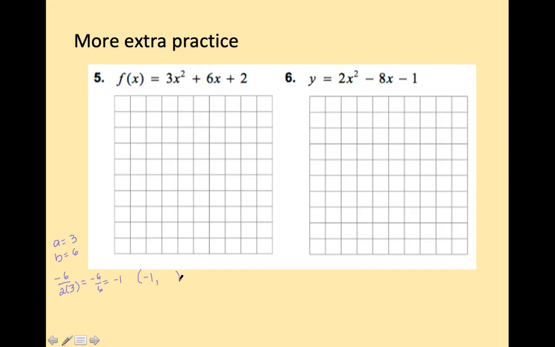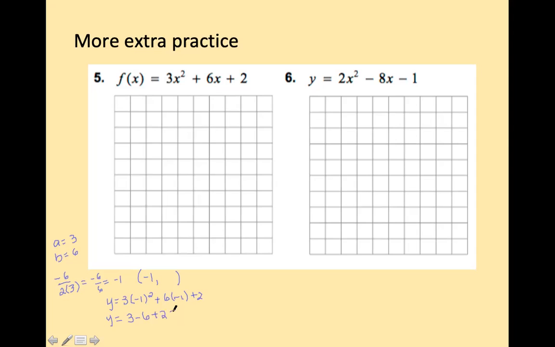I need to plug that negative 1 in place of x into my equation to figure out my y coordinate. So I'm going to do 3 times negative 1 squared plus 6 times negative 1 plus 2. All right, simplify. I get y is equal to negative 1 squared is a positive 1 times 3 is 3. 6 times negative 1 is negative 6 plus 2.